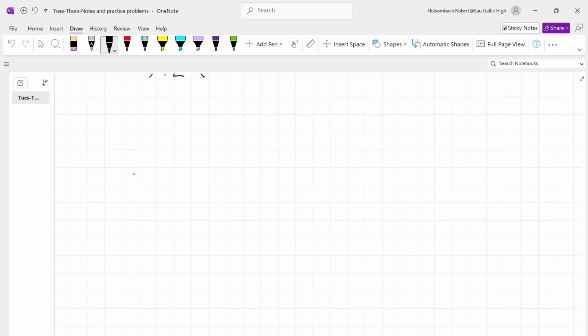Let's look at x squared plus 12x minus 45. Our two binomials are going to start with an x.